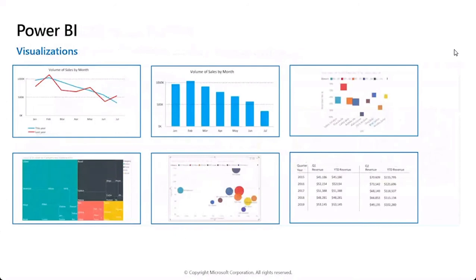Bar and column charts allow you to see how a variable changes across different categories. With line charts, we can see how the overall shape of the values is doing over a period of time.